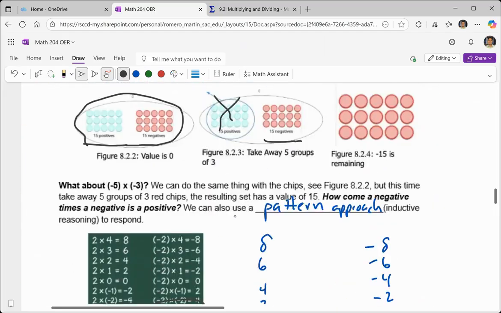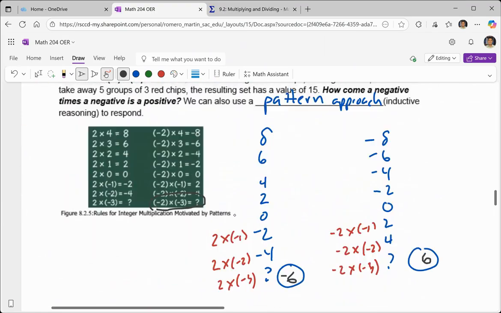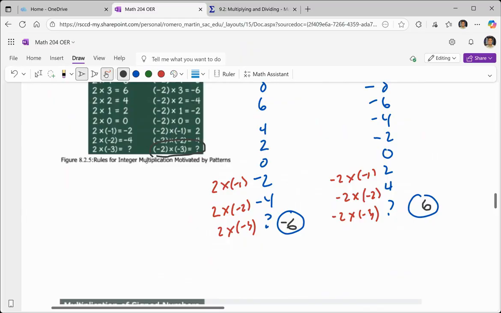Now we could use that same idea of taking away two groups of negative 3. Let me put two groups. There's the two groups of positive.